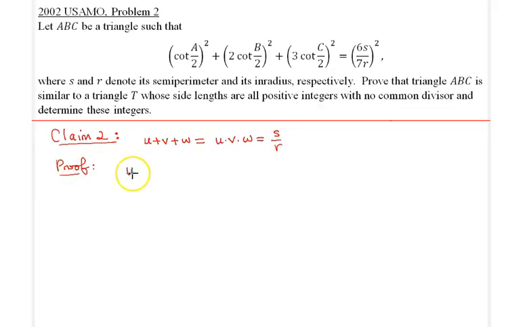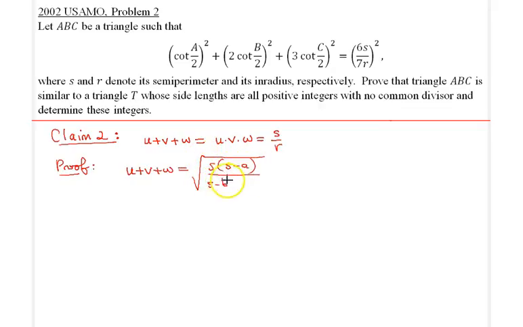So let's just start with U plus V plus W here. We already in the first claim, in the first lemma, proved that U is just the square root of S times S minus A over S minus B times S minus C, and we can similarly add the others as well. So let me go ahead and write them down.